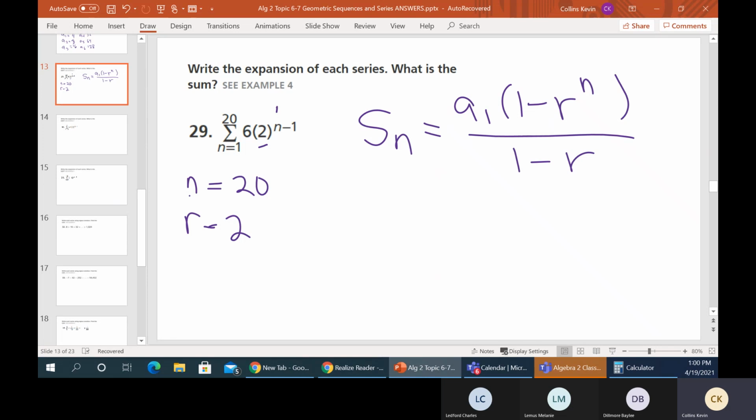And then 2 to the 0 power is 1, so a sub 1 is going to be 6. We follow all that? Yes, no, maybe?